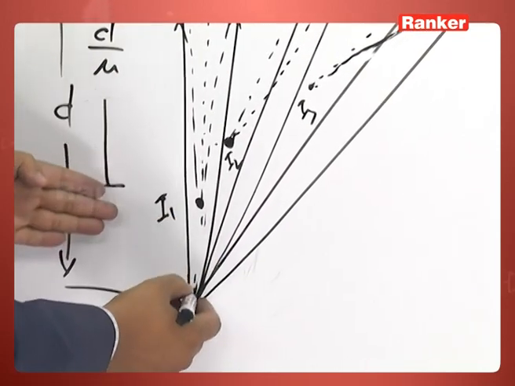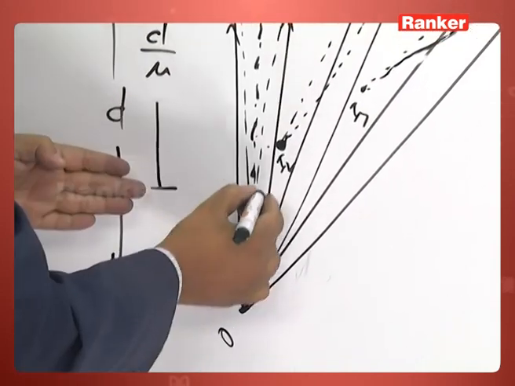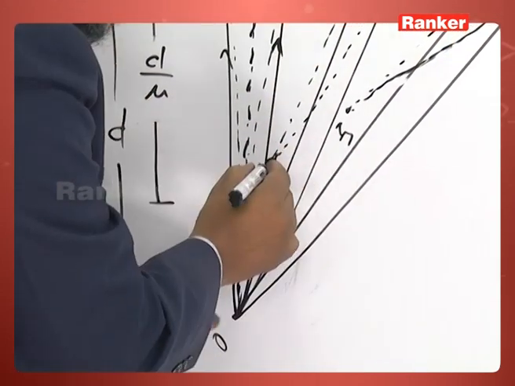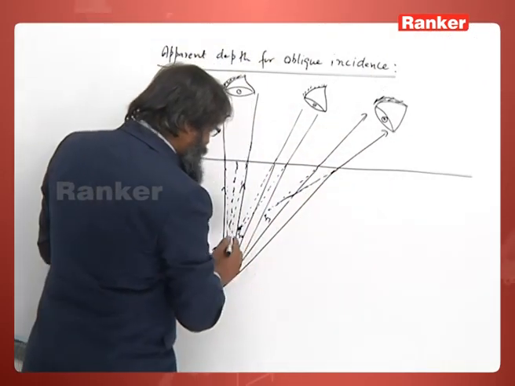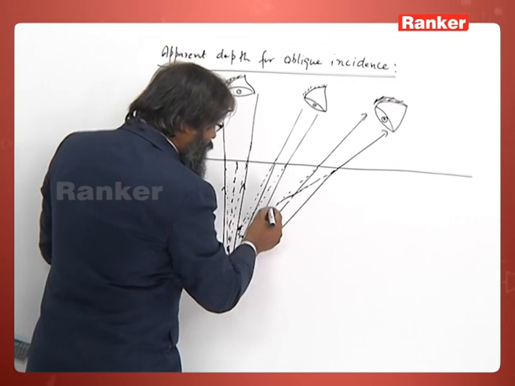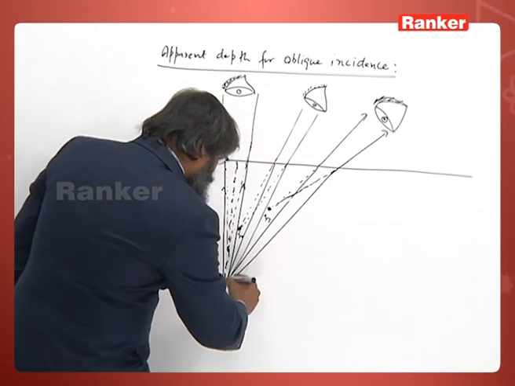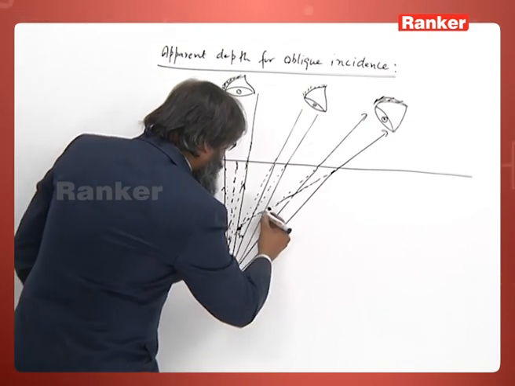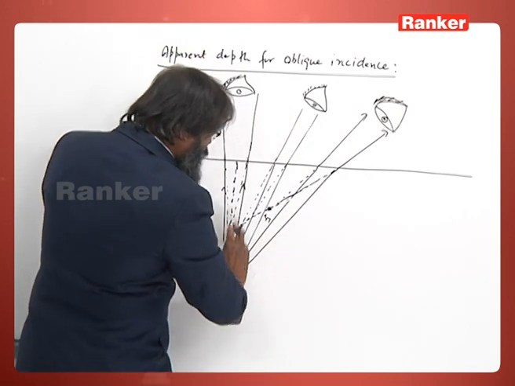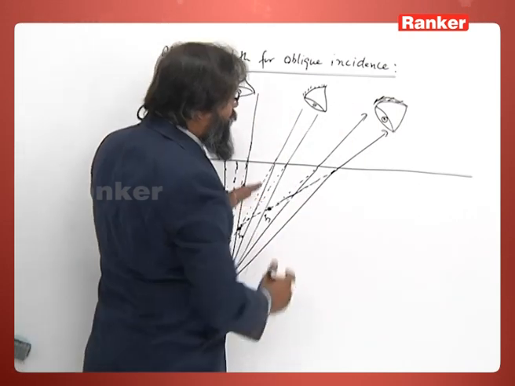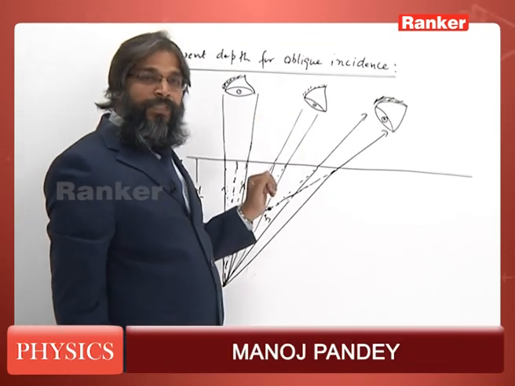Previously the image was formed here, this is the normal line, and now it is displaced in this direction, I2. When I move further, the image is shifted further above as well as this way. So, the curve along which the image shifts will be a curve. This is how the apparent depth for oblique incidence will be.